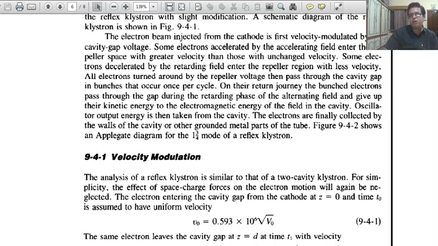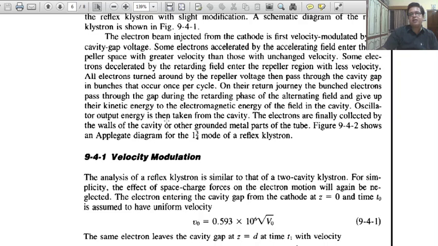That is a very important point. This is the fundamental principle.